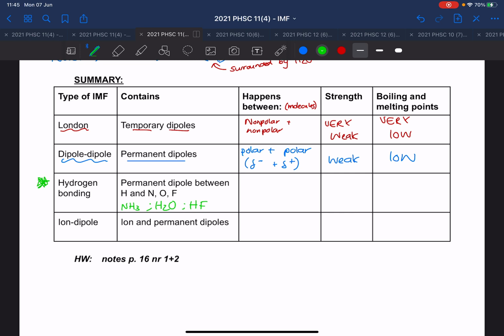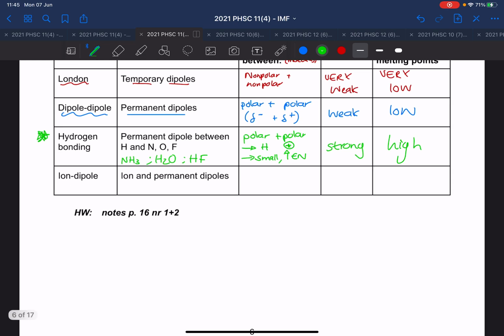Now, why do we get hydrogen bonding there? It's because it's between a polar molecule and another polar molecule, but more specifically, it is between hydrogen bonded to a small, highly electronegative atom. Those forces are relatively strong and they have relatively high melting and boiling points.